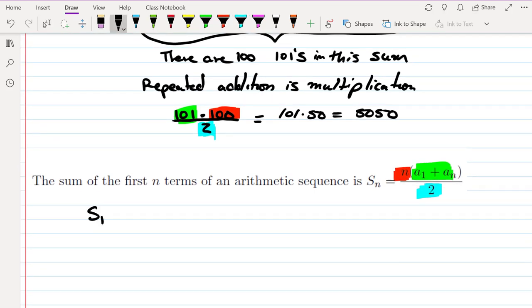So S sub 100 would be n, which is 100 things, times 1 plus 100, all divided by 2, and it reduces to the same thing, 5,050. Well, let's double check that.